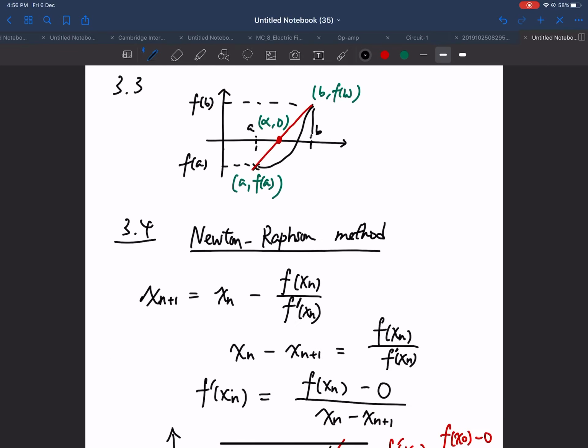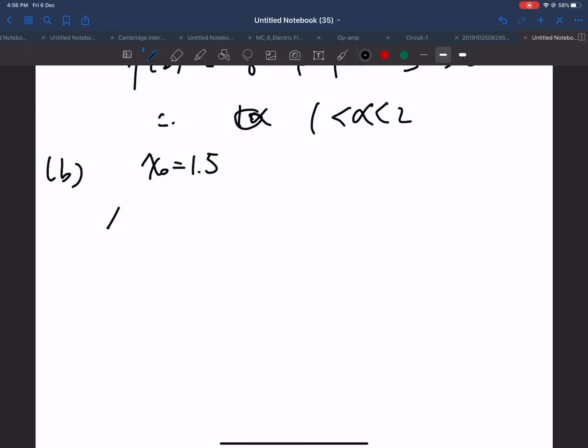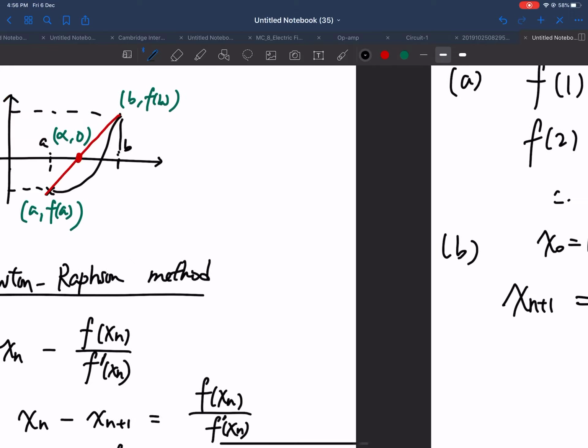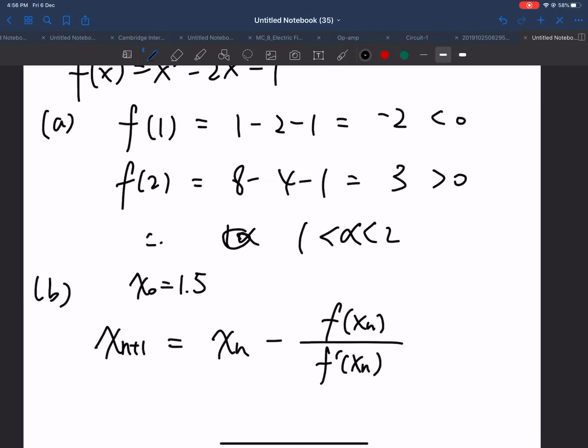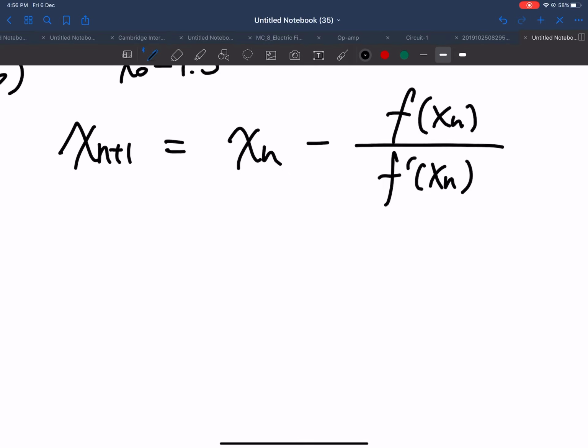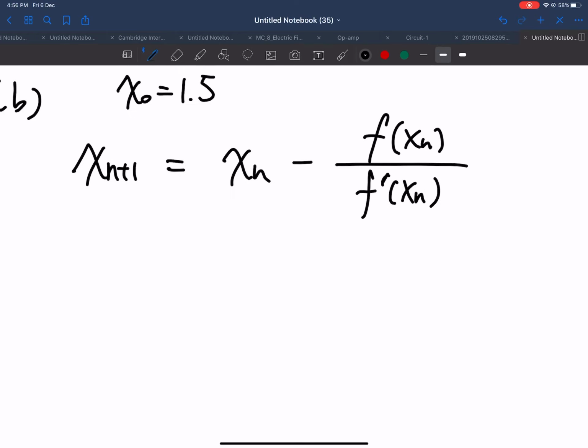Now copy this formula: xn minus f xn over f prime xn. The next step we want to find is x1, because you have initial x naught is 1.5.